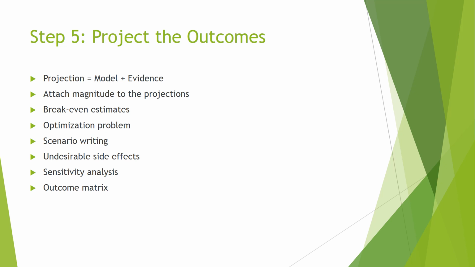Step 5 is to project the outcomes. So evaluate each policy alternative based on the criteria. Sometimes this process will enable you to clearly eliminate policy alternatives that do not produce desired outcomes and impacts. However, it is often difficult to pinpoint the most effective policy alternative from this process.